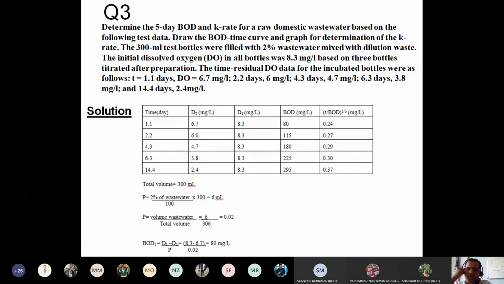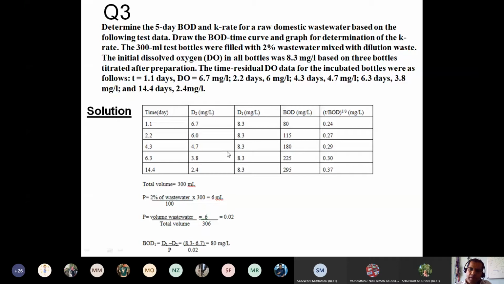This is very important because most of you make mistakes with these problems, a small mistake that makes a big significant effect on the results. Be careful. So to calculate T over BOD to the power 1/3, time is 1.1, so it will be 1.1 divided by BOD, which is 80, and then take all together to the power 1/3, you will get 0.24.